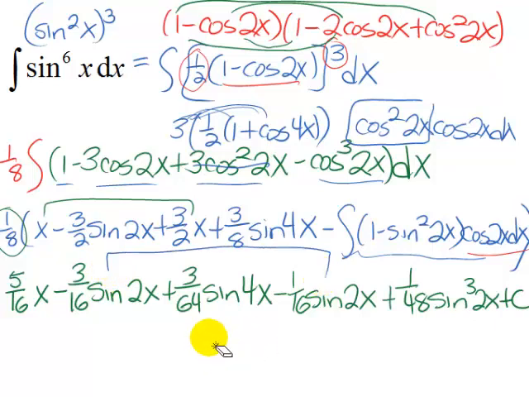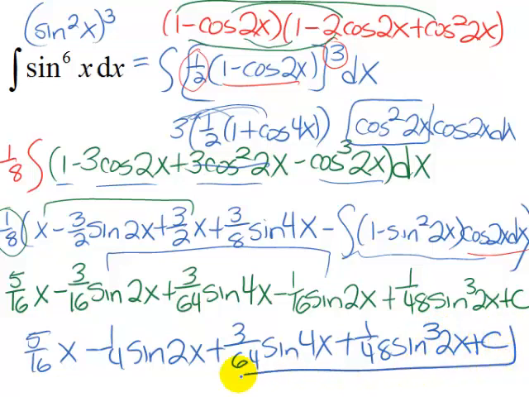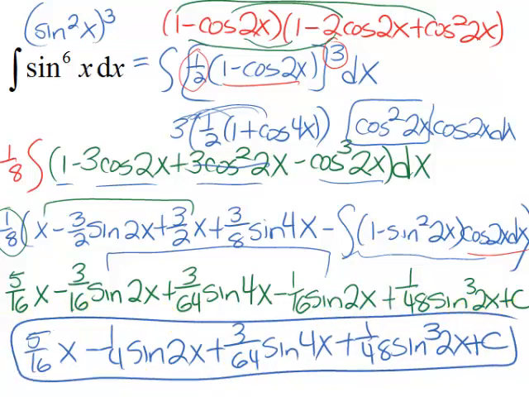So it looks like we have 5/16 x, and this would be minus 4/16, so minus 1/4 sine 2x plus 3/64 sine 4x plus 1/48 sine cubed 2x plus a constant. Now that was a lot of work, so in the following video we're going to use the reduction formula and see if it's any less work.